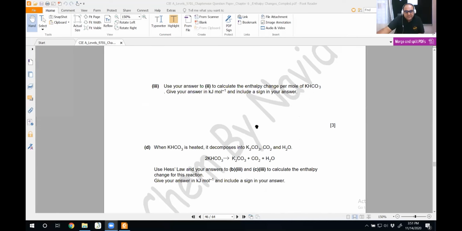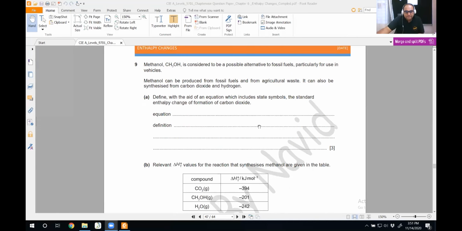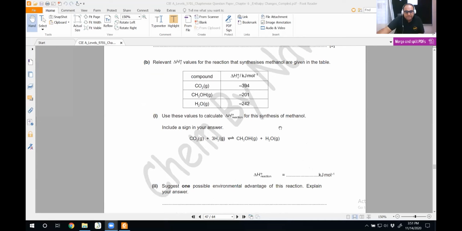Okay, so let's move back to a question of Hess's law. Hess's law is all about the definition. So what value is given here? Enthalpy change of formation.